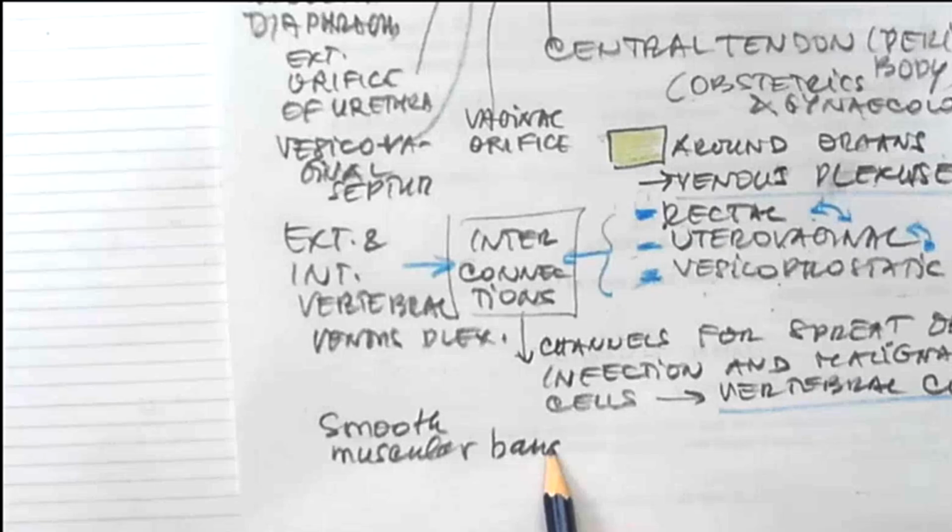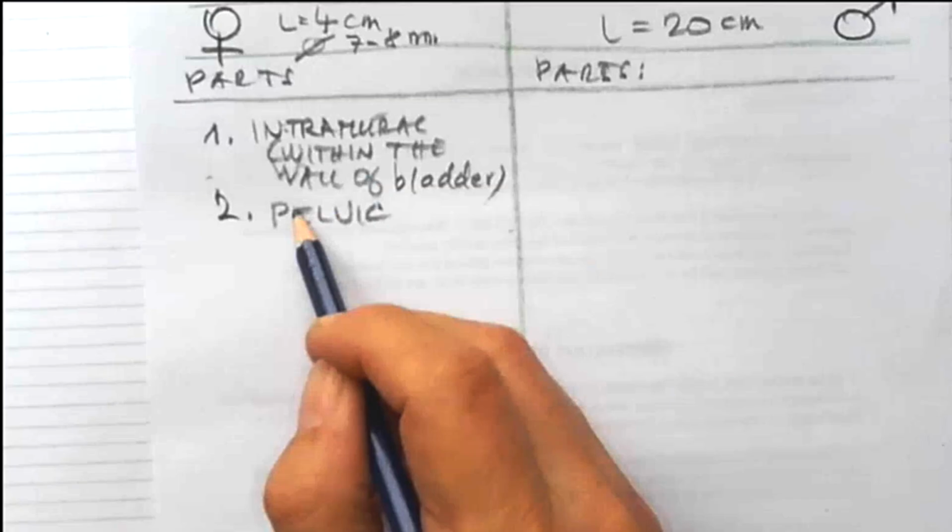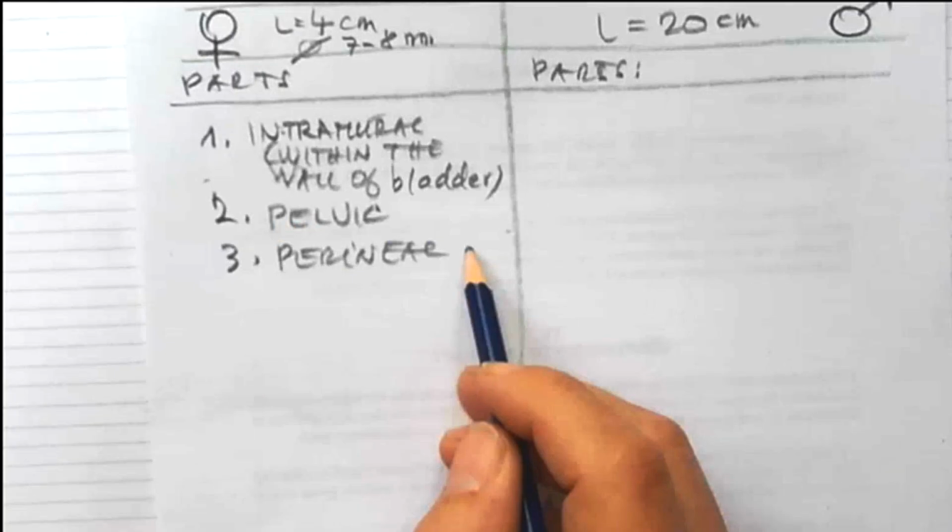The first one is called intramural, the terminus technicus, which means within the wall of the bladder. So it descends from the wall of the bladder. The second one is called the pelvic portion, simply passing through the pelvic space. And number 3 is the perineal, which means it passes through the perineal, that means urogenital diaphragm.